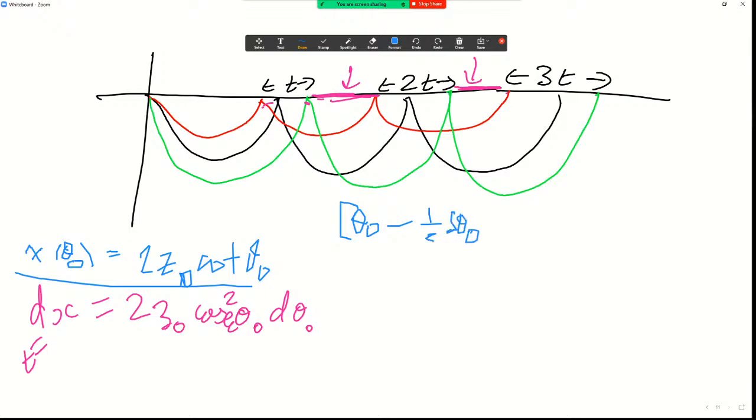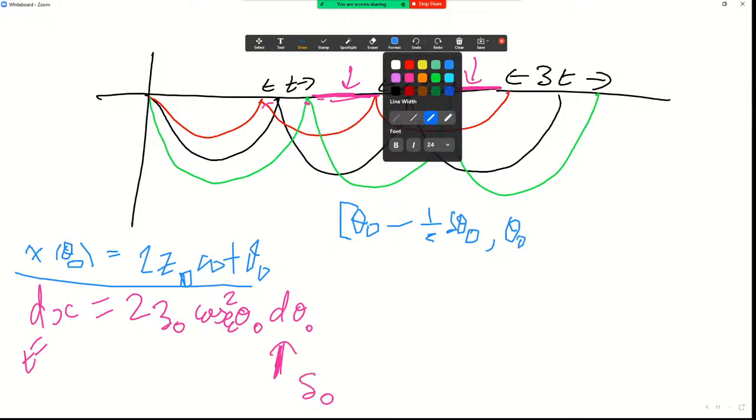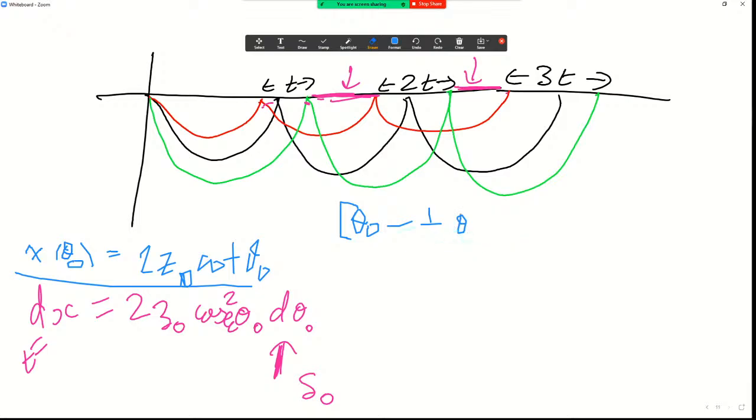This is delta theta naught only. As this is small, we can use differentiation. So t equals 2 z naught cosec square theta naught times delta theta.